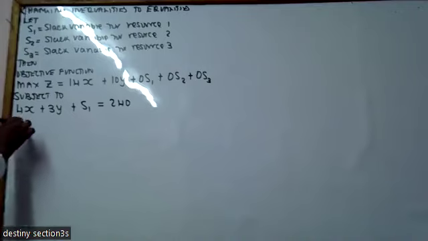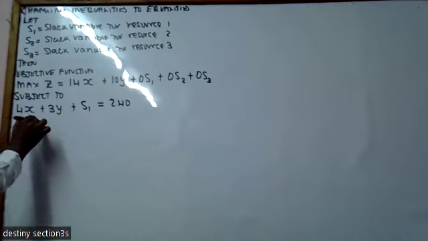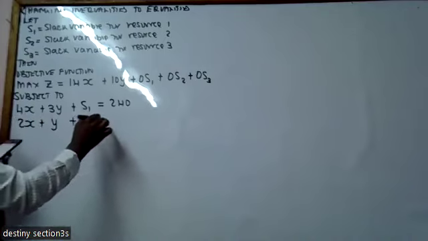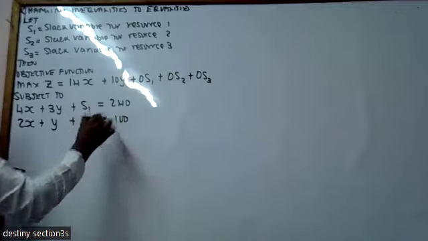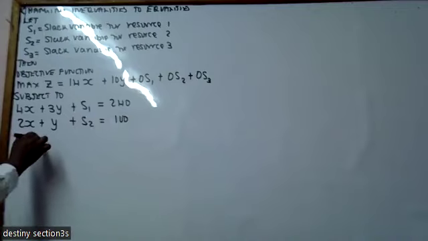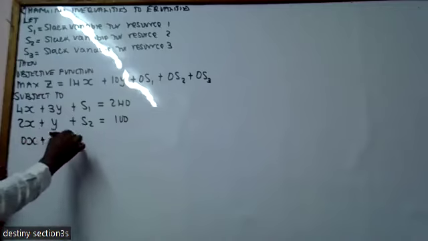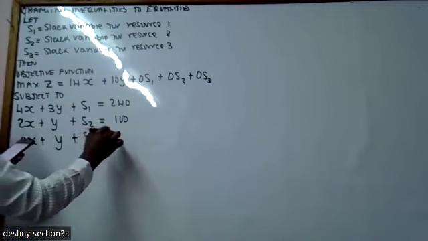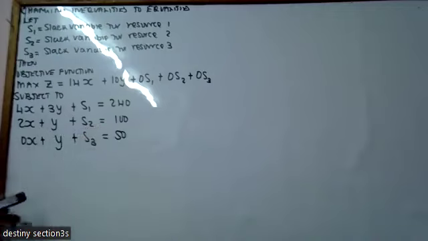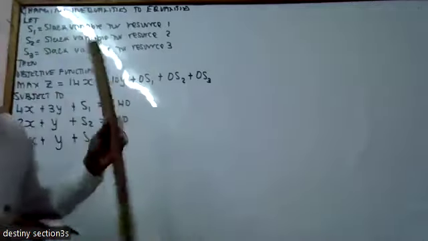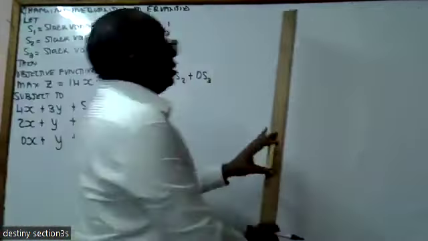Then 2x plus y plus s2 is equal to 100. Then 0x plus y plus s3 is equal to 50. That is how it is supposed to be designed.